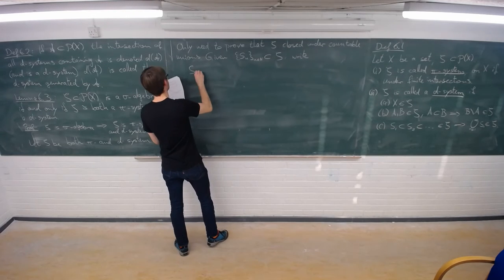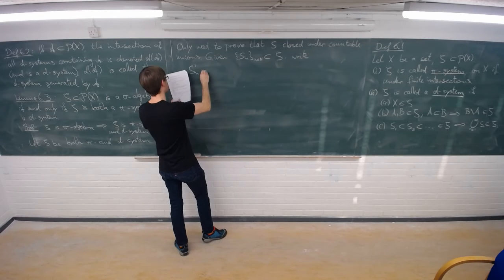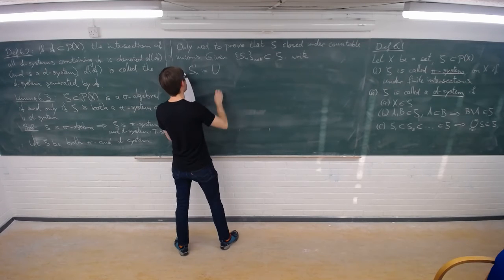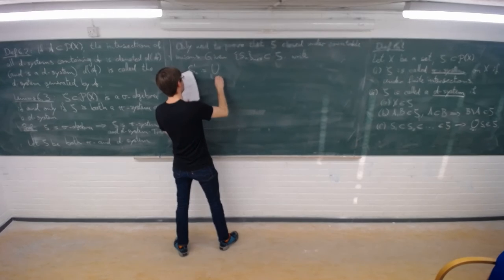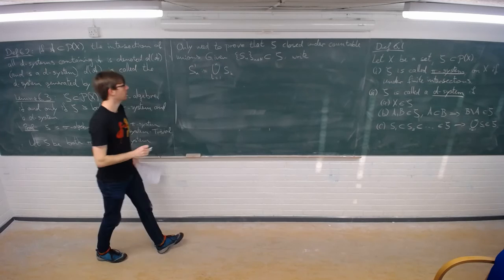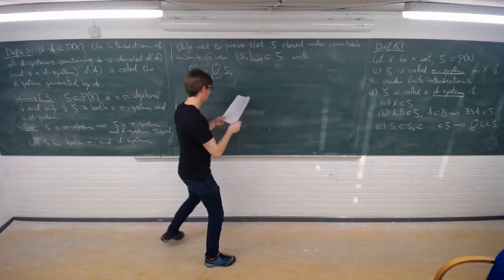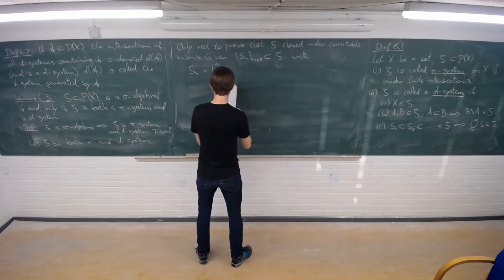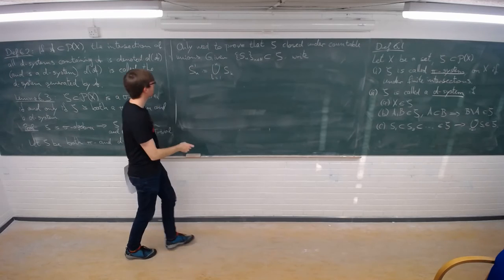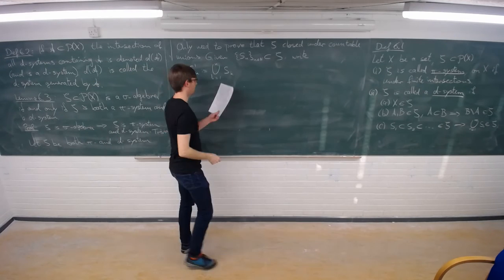So let's write Sn prime. We've seen this trick a couple of times already. Sn prime to be the union of k equals 1 to n of Sk. Now the Sn prime are an increasing sequence of sets. Okay, and we have to check that these Sn prime are in S again.